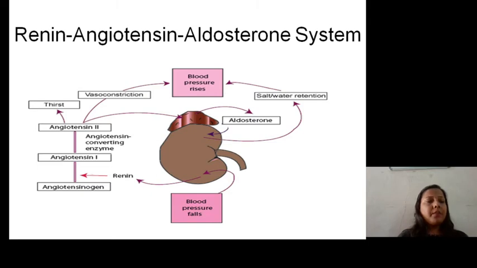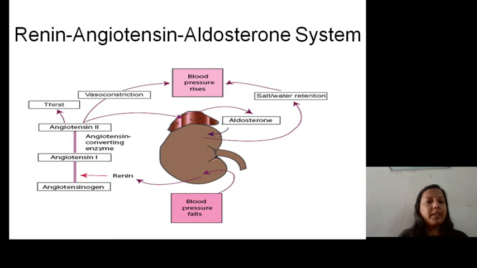Angiotensin 1 through blood flow enters the lungs. In the lungs one enzyme is always present, that is angiotensin converting enzyme, and with the help of this enzyme angiotensin 1 is converted into angiotensin 2.